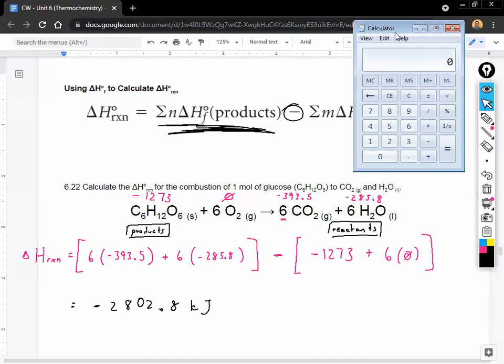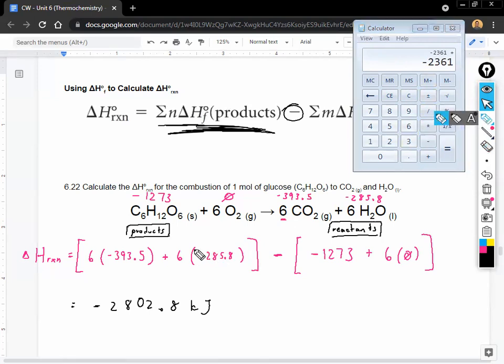For the products, you're going to multiply the 393.5 negative by 6. Oh my goodness, my fingers are so fat. And we're going to combine that with 6 times negative 285.8.